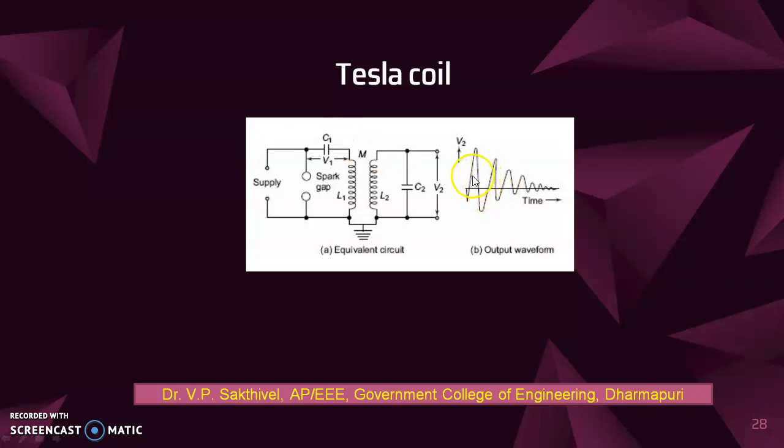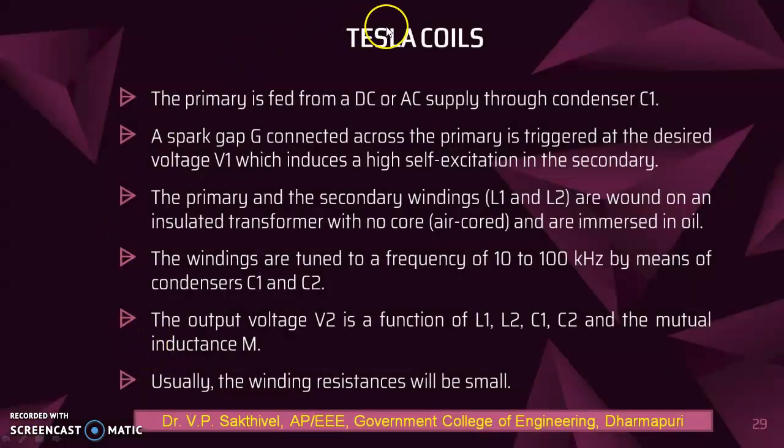And thus the output voltage V2 can be obtained as a function of the parameters L1, L2, C1 and C2, as well as the mutual inductance. The same explanation is given here: the primary is fed from AC or DC.